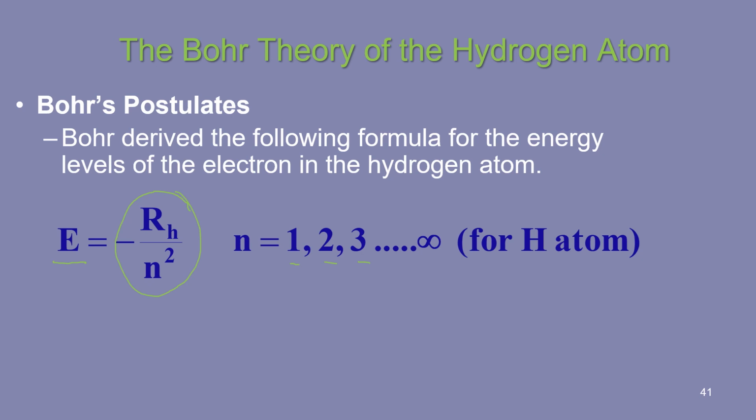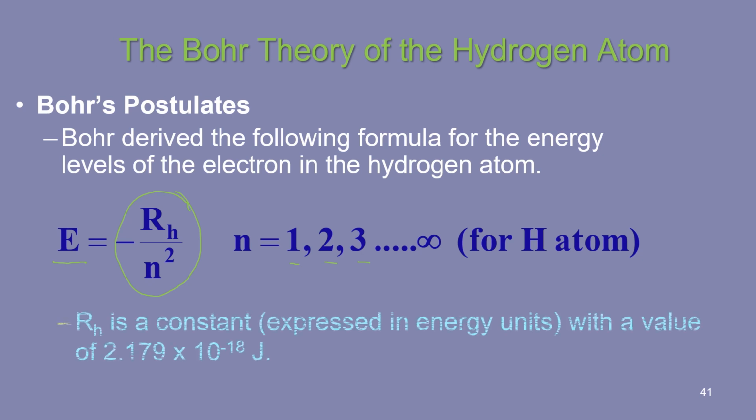So anyway, R_H then again is another constant. It's called the Rydberg constant, and you can use it in other values, but when we're talking joules, the value of R_H is 2.179 times 10 to the minus 18 joules. So the energy levels are, for the first level, just negative 2.179 times 10 to the minus 18th.